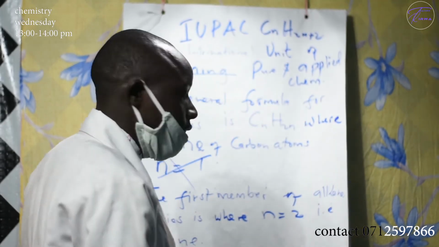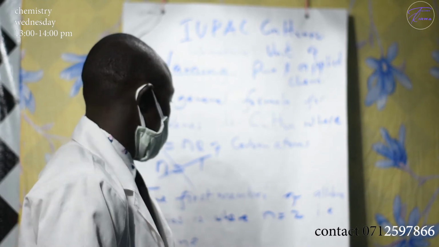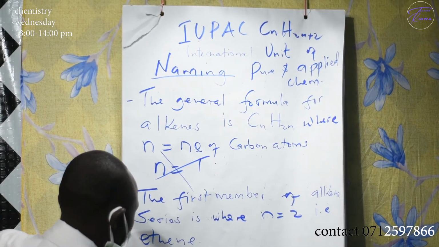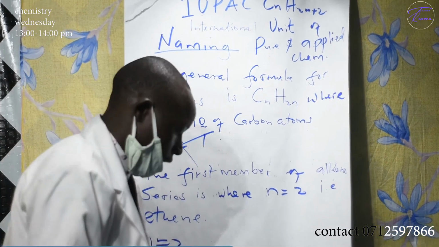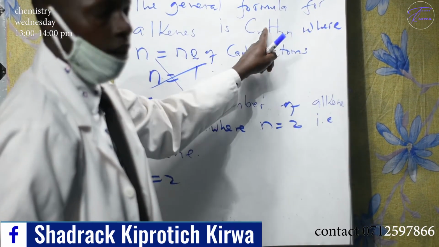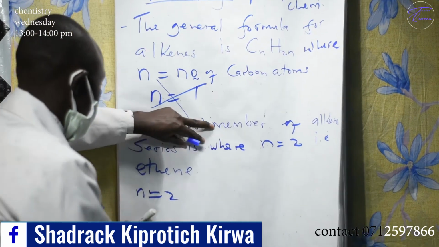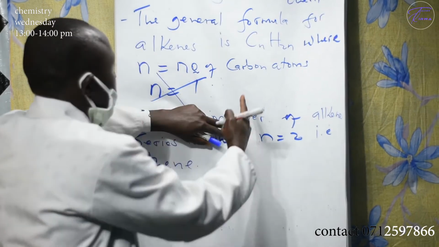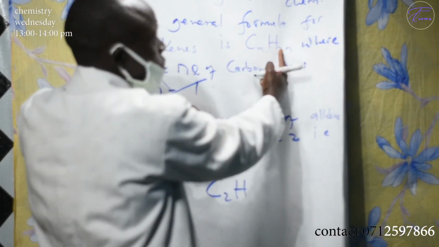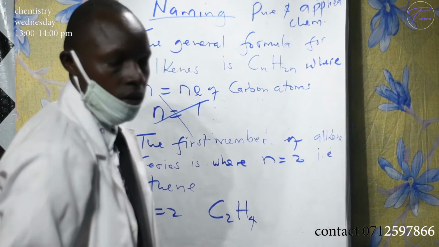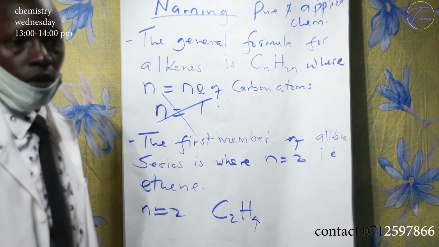So the first member is where n is equal to 2. So what is the formula? We have said that the formula is CnH2n. So this is C2H, 2 times 2 is 4. So C2H4. Okay? So this is the molecular formula.